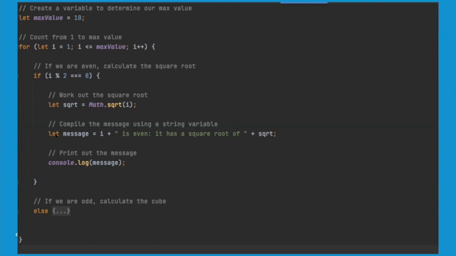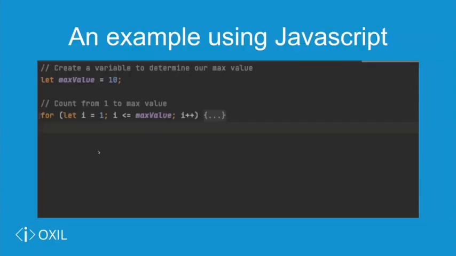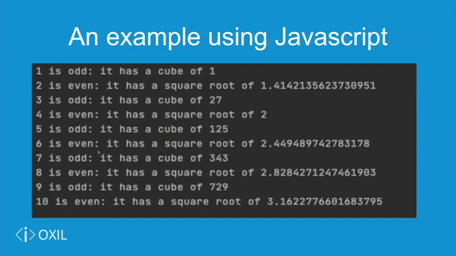And then we can produce a message which contains the text and tells us that that number is even, has a square root, which we've just calculated using a built-in function. And this instruction at the bottom is purely a means of producing output. So the console log will print out whatever message we've produced higher up, and effectively gives us this output here, the line that you see there, 2 is even, square root of blah.